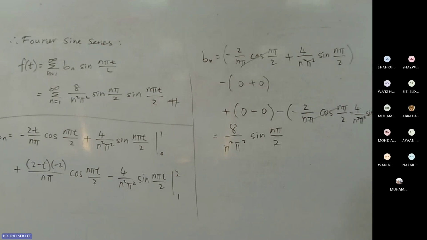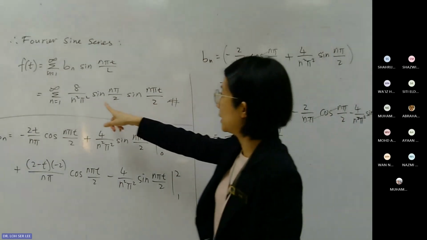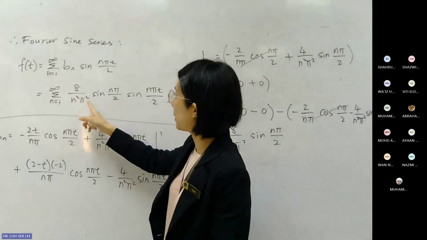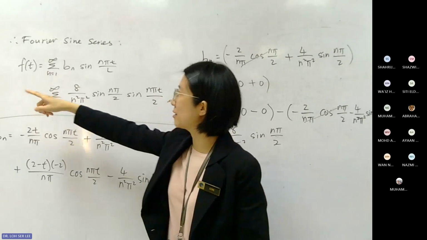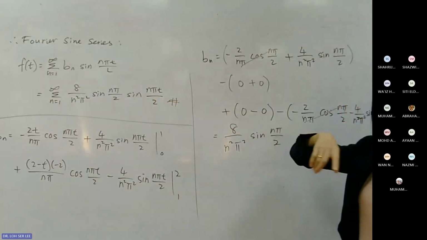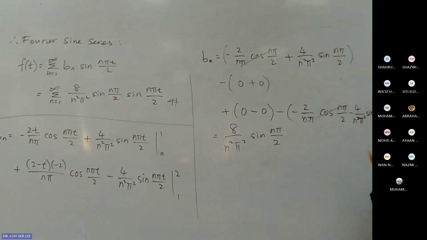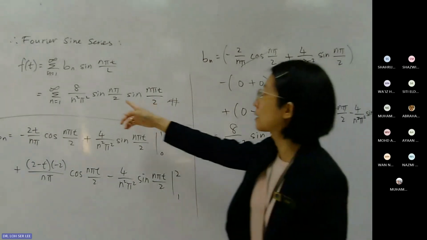Okay, in the slides, the final answer, 8 over pi squared, is factorized. It's being put outside the summation because 8 over pi squared is constant. So we can factorize the constant.